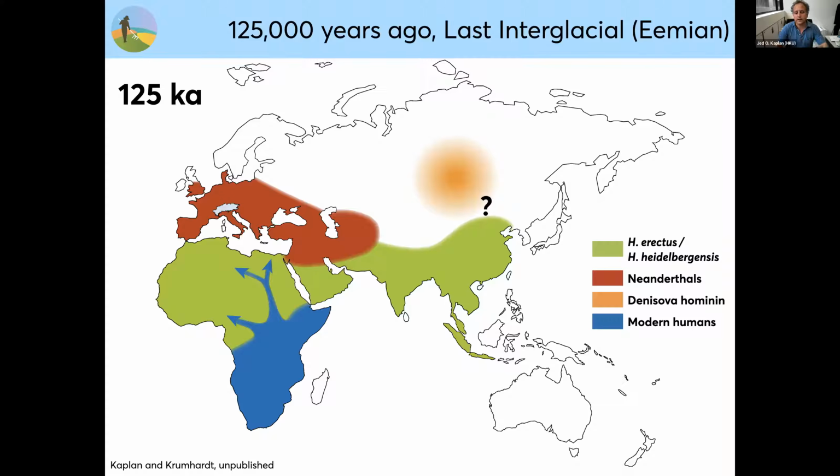Into the last interglacial, there were not a lot of changes in the distribution of hominins on this map. For sure, by this time, humans were present everywhere in Africa. They might have been out of Africa in one or more waves of people making it into South Asia, but there were still relatively small populations of humans and other hominins on the planet.